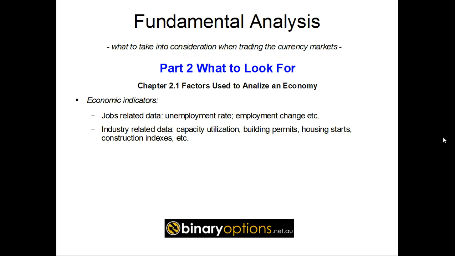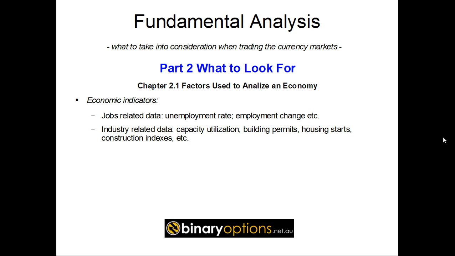In the United States, the housing industry is well represented, in the sense that you have a lot of indicators referring to it, like pending home sales, new home sales, existing home sales, and so on, because traders are significantly cautious after the financial crisis in 2008, which started from the housing sector in the United States.